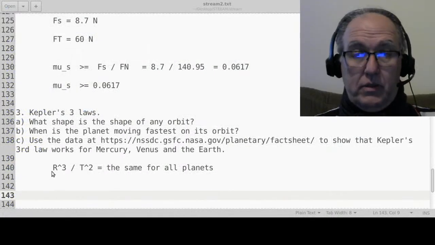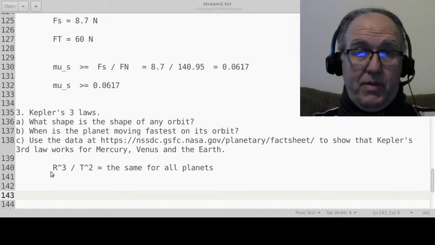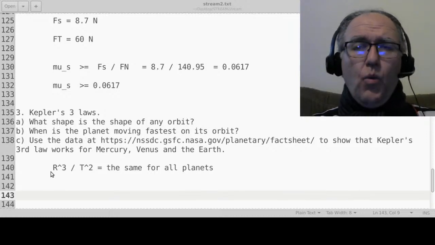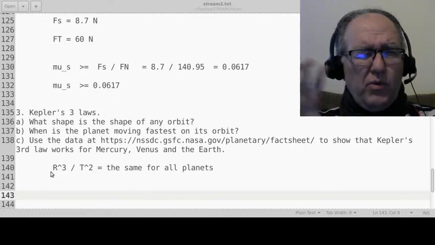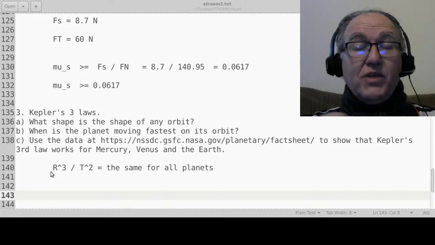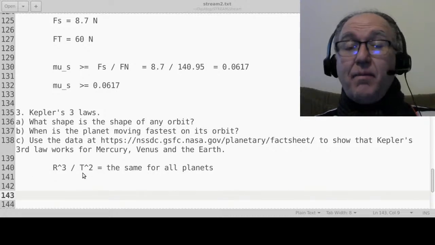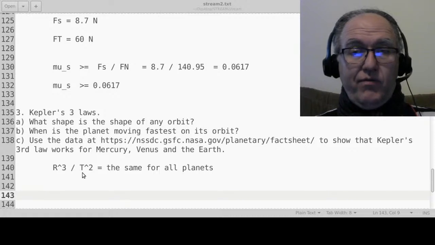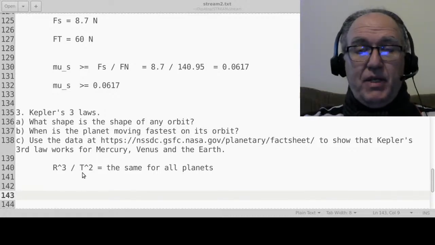R. R is the average distance from the planet to the sun. We call it the radius, but that's a little bit of a misnomer, because remember these are ellipses, and sometimes it's closer and sometimes it's further away. So it's actually the average distance. And T is the period. It's the time for the planet to make one complete revolution. It's the year for that particular planet.